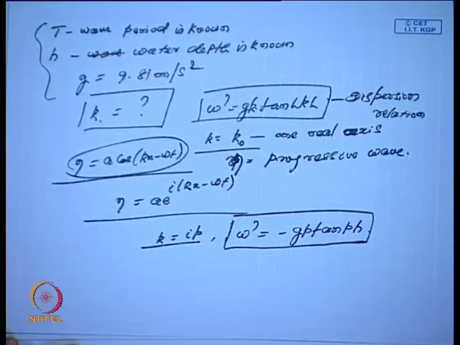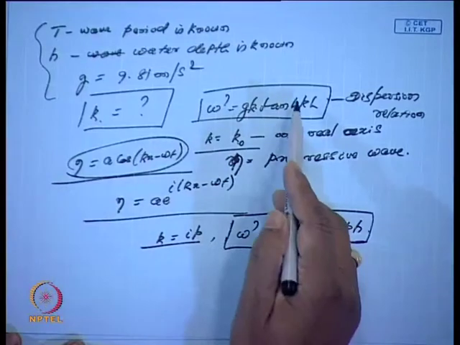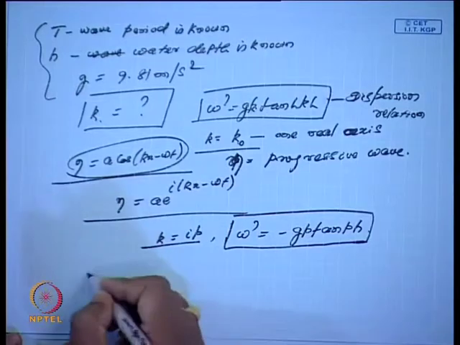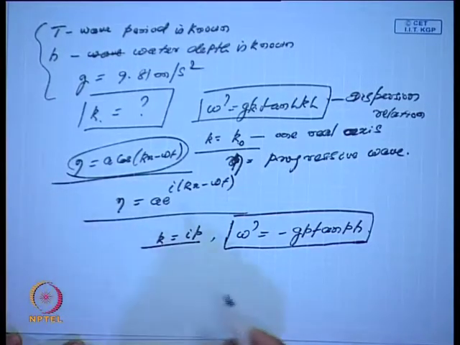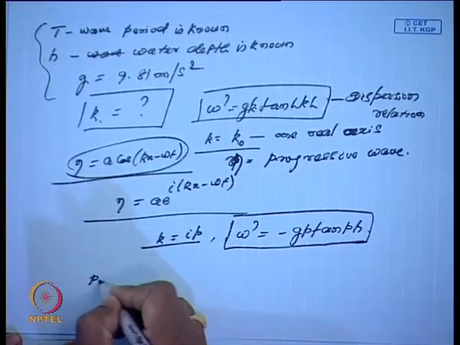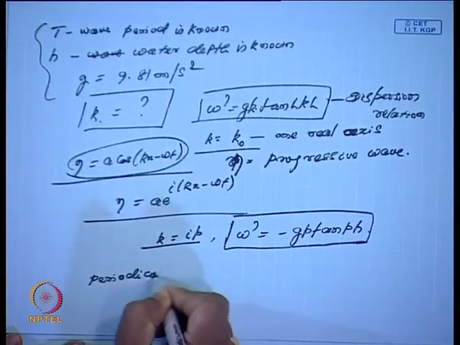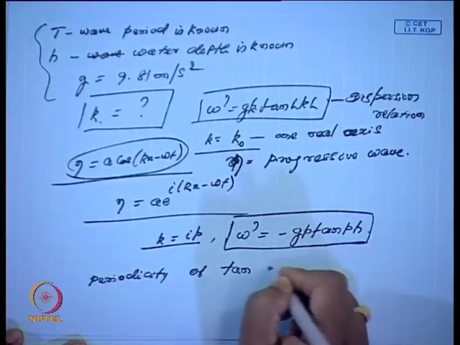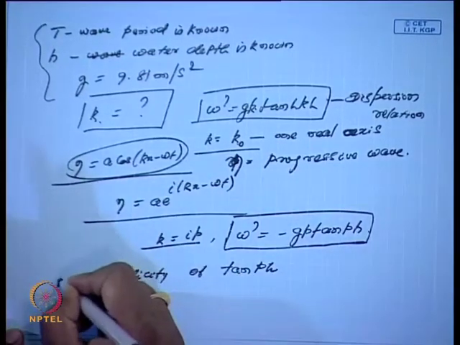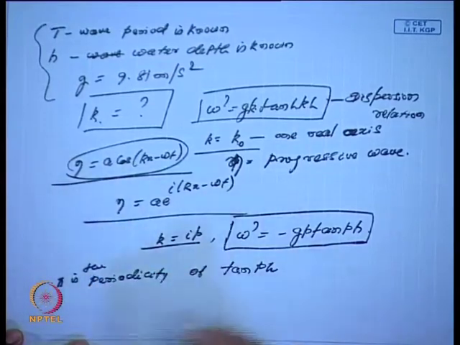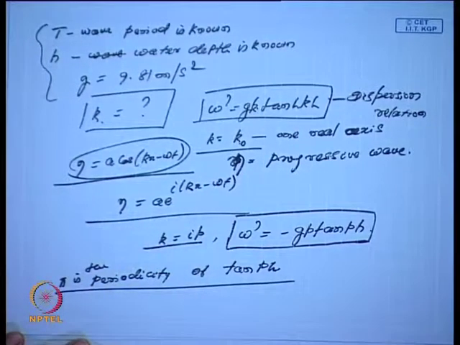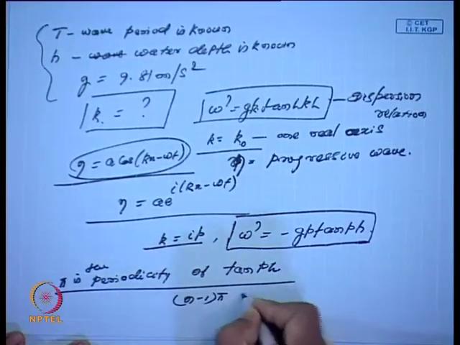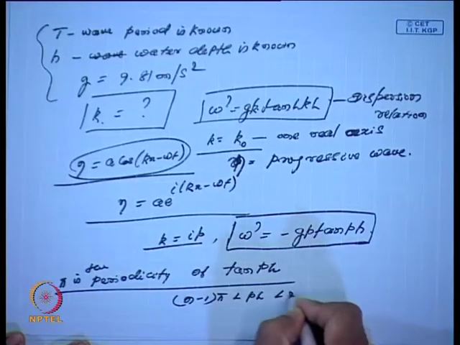And now I am coming back from a hyperbolic function to a tangent function, and we know that the tangent function has periodicity, pi is the periodicity of tan p h. So, I can always say (n minus 1) pi is less than p h is less than n pi.